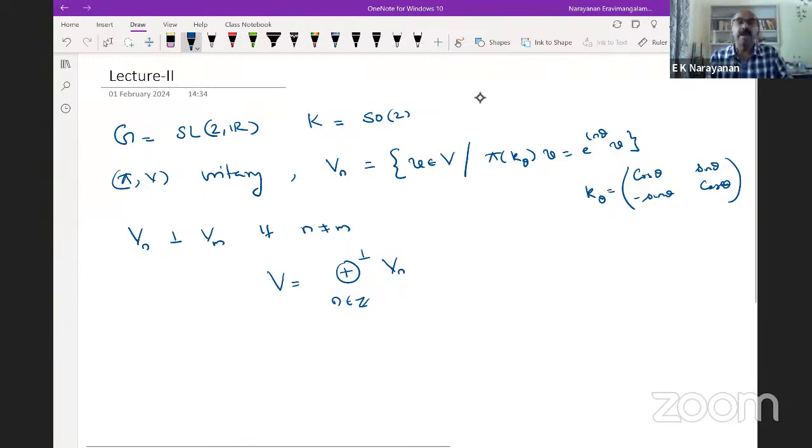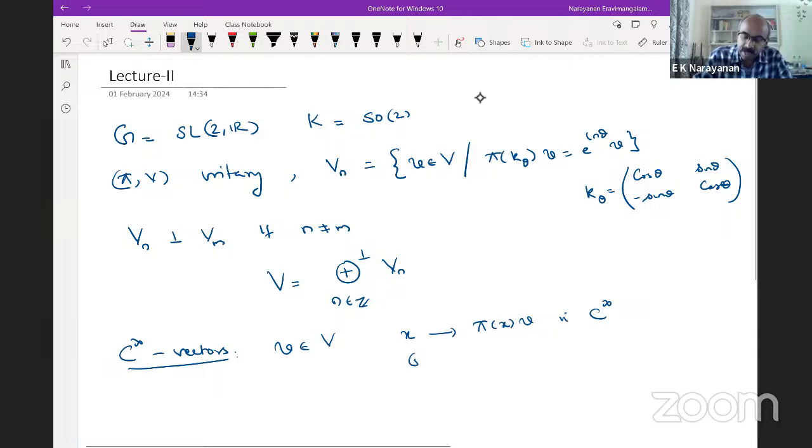Then we defined the C infinity vectors. If I take a vector v in V, it is called C infinity if the map x going to pi(x)v is C infinity.